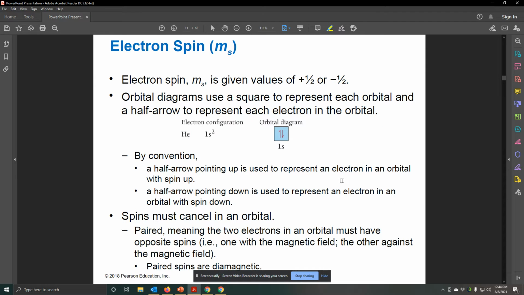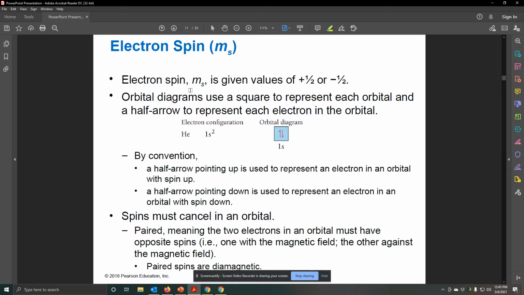Again, we have our electron spin, and the quantum number was our ms value, +1/2 or -1/2. You also need to remember that each orbital can hold 2 electrons only. The S subshell only has 1 orbital because it can only hold 2 electrons.